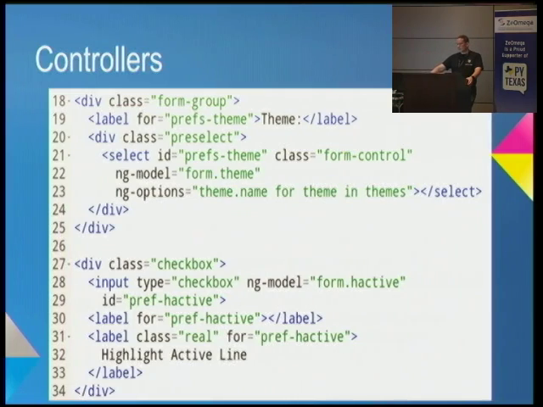So now anytime I check that box or uncheck it, the variable hActive, which is my "I'm highlighting code" variable, will change from true to false in JavaScript for me. And it's smart enough for certain inputs, it knows what to do. So for a checkbox input, it knows that you want true or false. And for a text input, it knows you want to bind probably text to that.